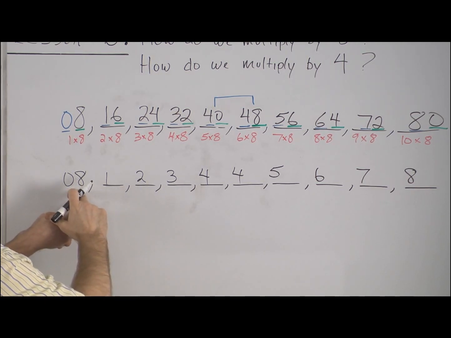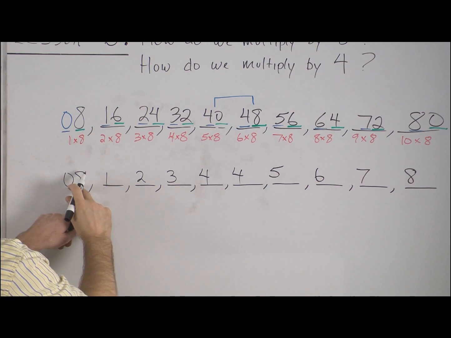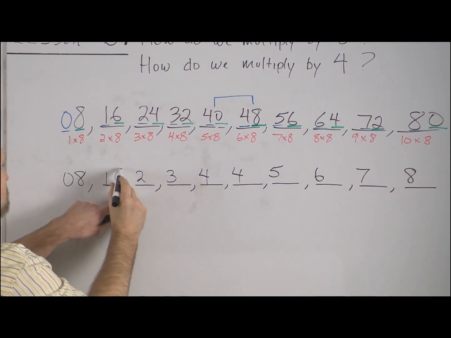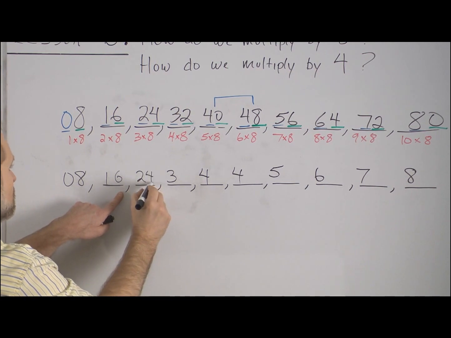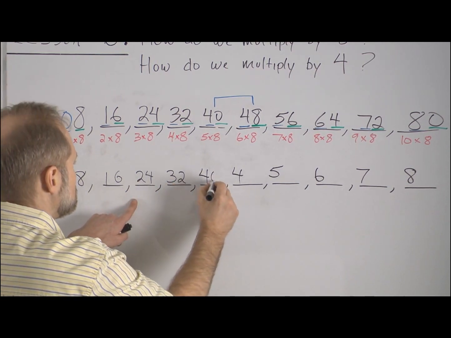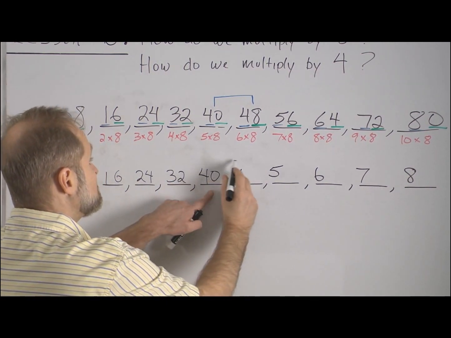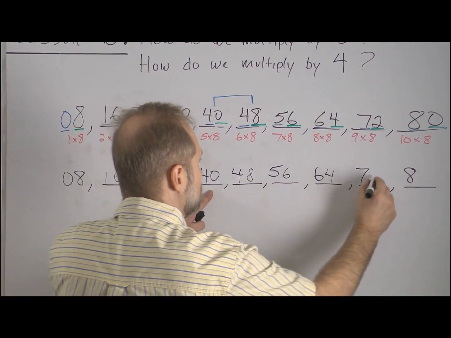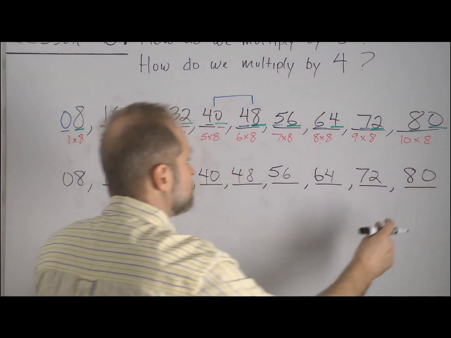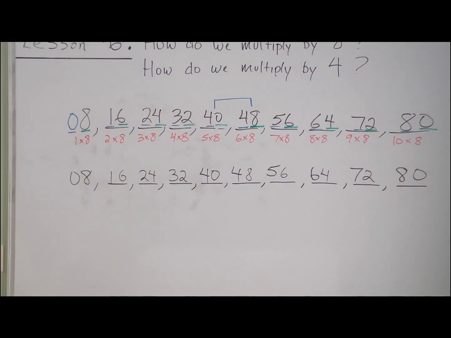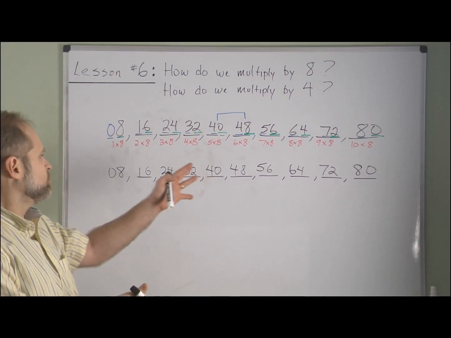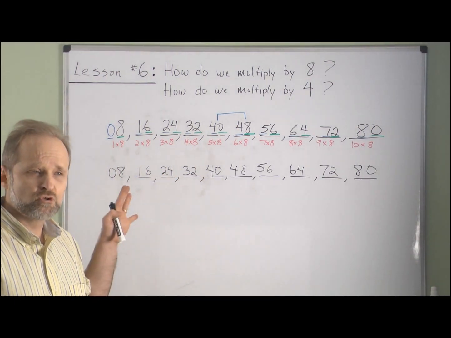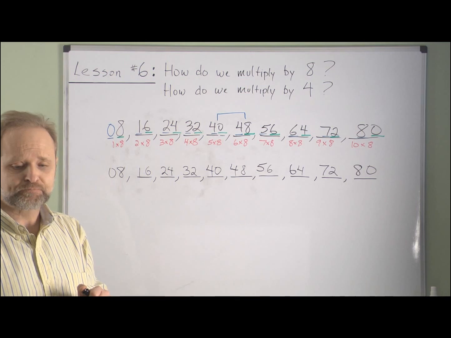Looking at the ones place, we have an 8, and then we go down by 2 every time. 8 minus 2 is 6. 6 minus 2 is 4, 2, 0. Then we jump back up to 8 here. 8, 6, 4, 2, 0. And so that's one way to look at this pattern with the 8s and make sense of it. And this may help you as you're trying to remember the pattern.